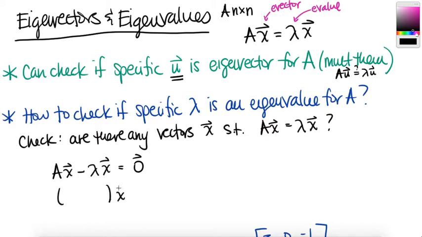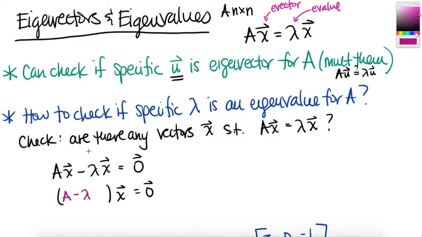That's really nice. That basically looks like a homogeneous system. But the question is what's left here? When we factor this x out, we've got A, and then minus lambda, but we can't just have a real number here because a matrix minus a real number doesn't really make sense.